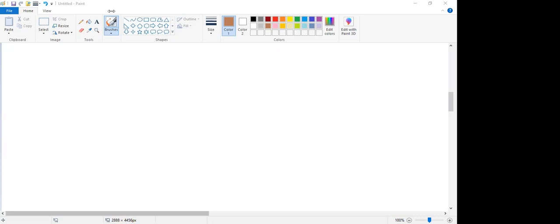Can someone tell us what they think about a position vector? What are position vectors? Anyone who wants to try out what you think position vectors are?